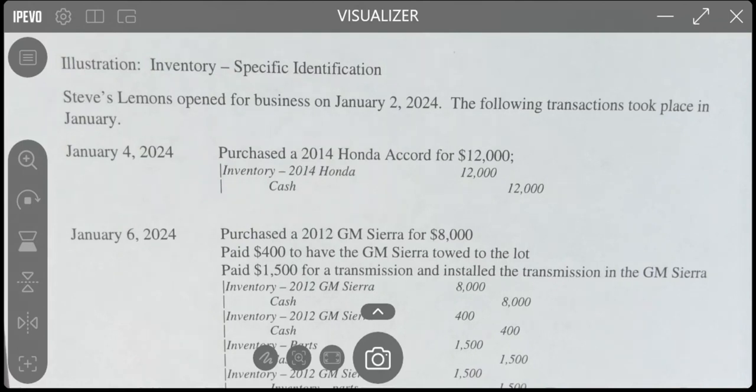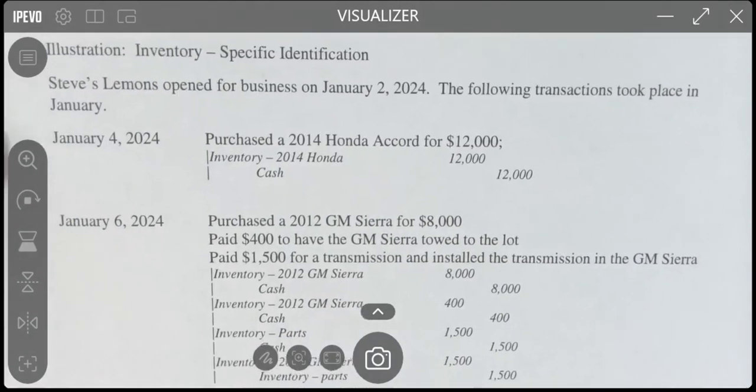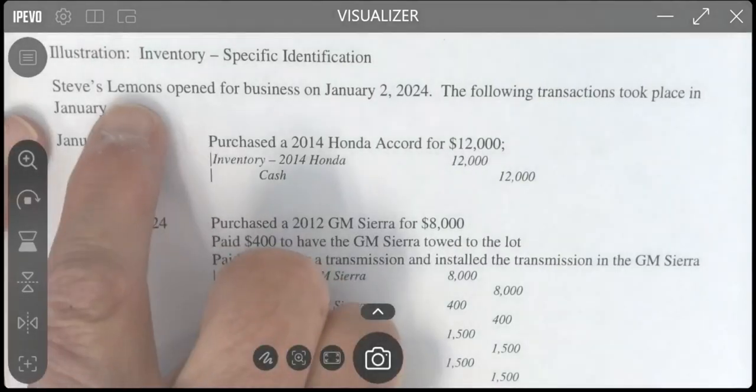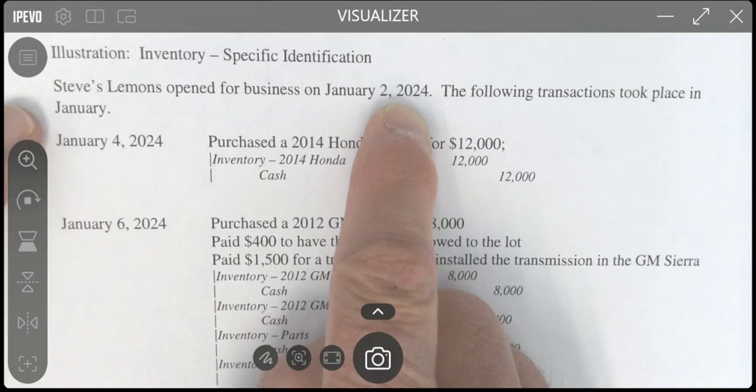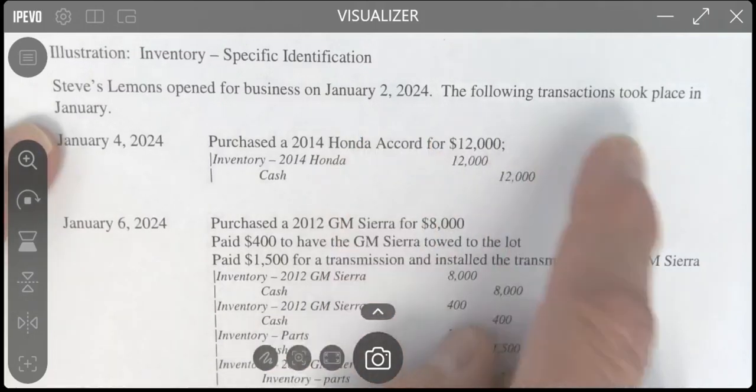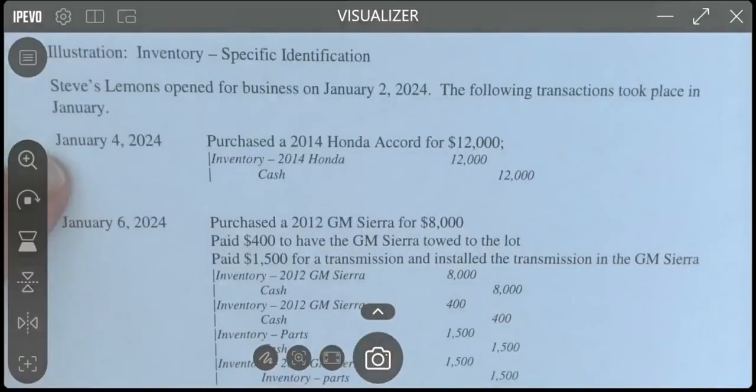It's only used by companies that have really small numbers of units in inventory, maybe high-end jewelers, automobile sales businesses, used car lots. All right. So Steve's Lemons is a used car lot. It opened for business at the beginning of 2024. The following transactions took place in the first month of business.